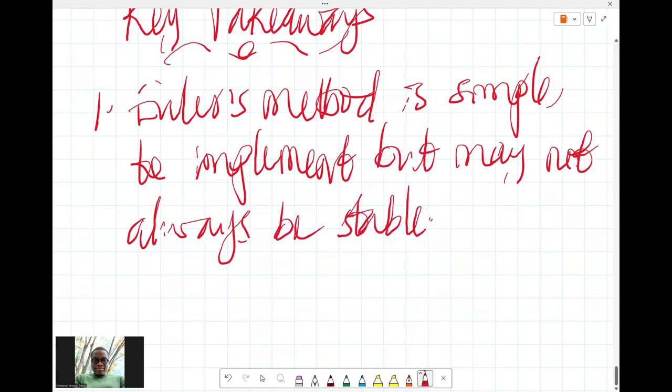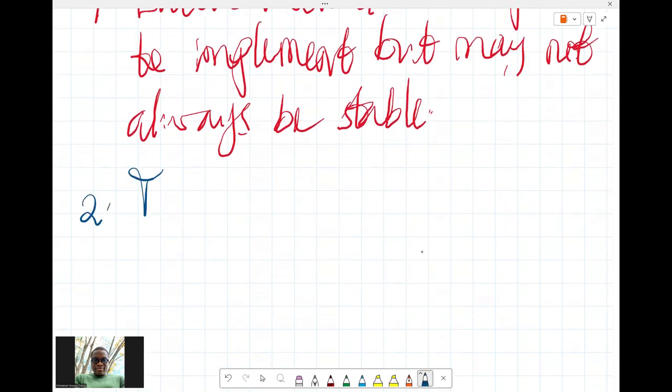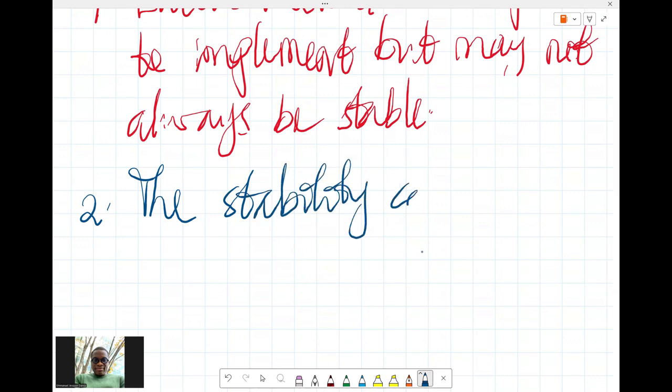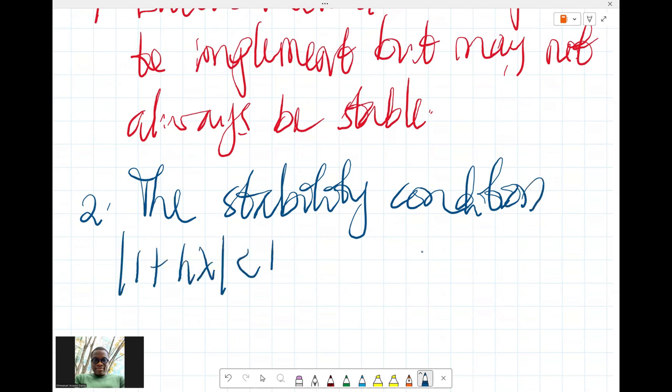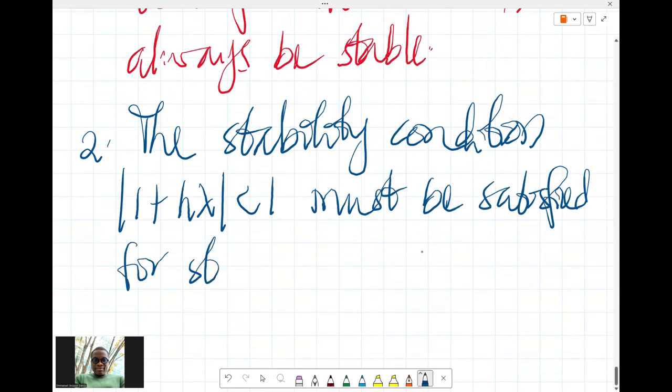We have that, and then we can also have this second point: the stability condition, absolute value of 1 plus h lambda less than 1, must be satisfied for stability.